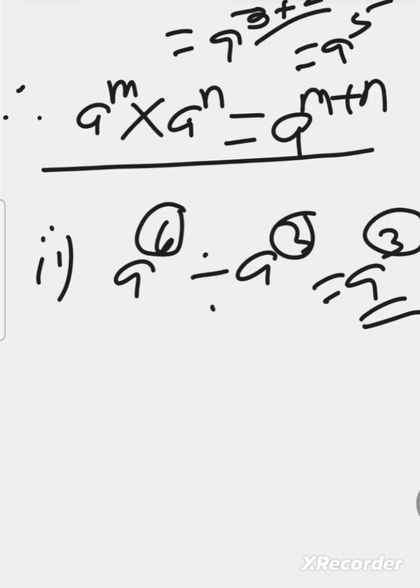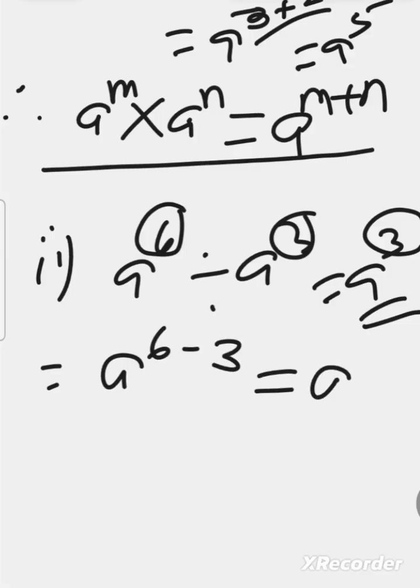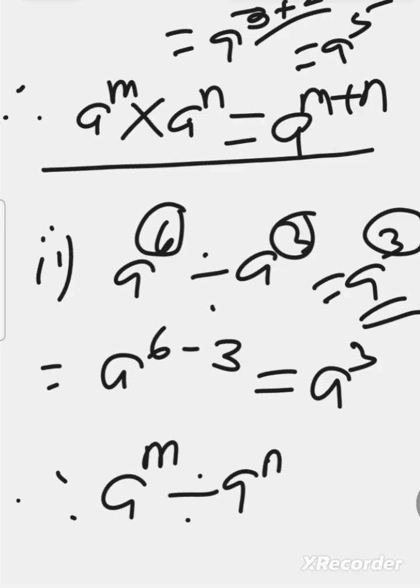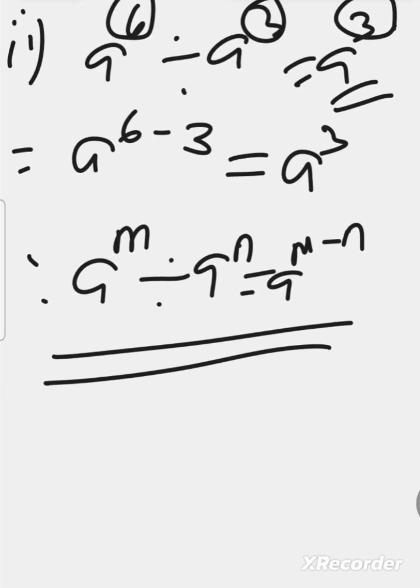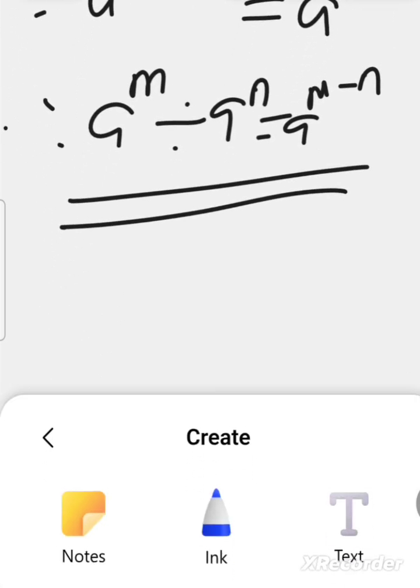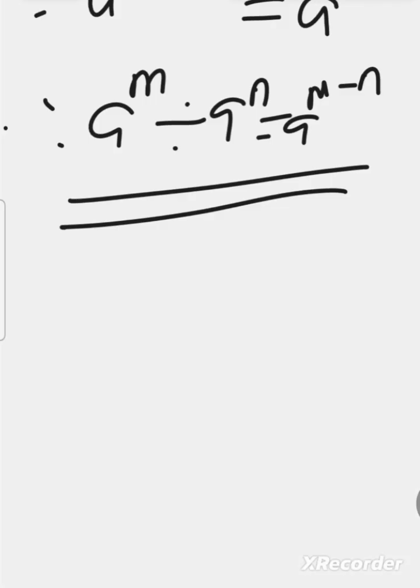Therefore, this is the same as a power 6 minus 3, which will give us a power 3. Therefore, a power m divided by a power n will give us a power m minus n, and this is our second law of indices.